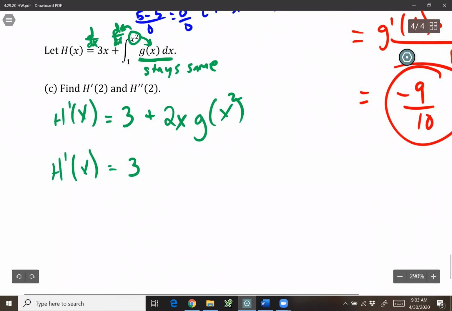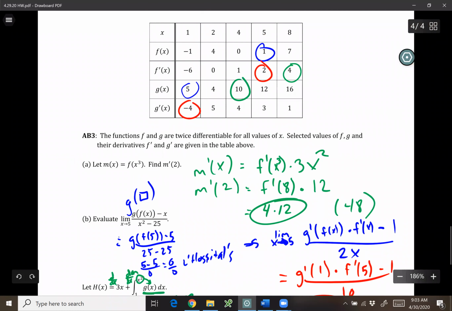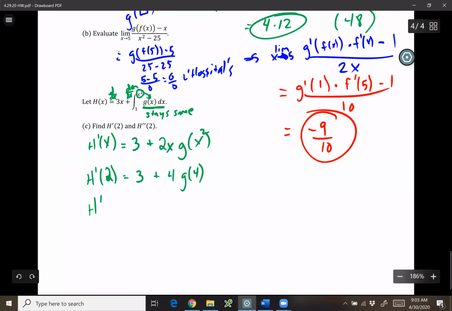So this becomes 3, f prime of h prime of 2 is what we're looking at. So 3 plus 4, g of 2 squared is 4. And looking at our table, g of 4 is 10. So 3 plus 40, so h prime of 2 becomes 43.